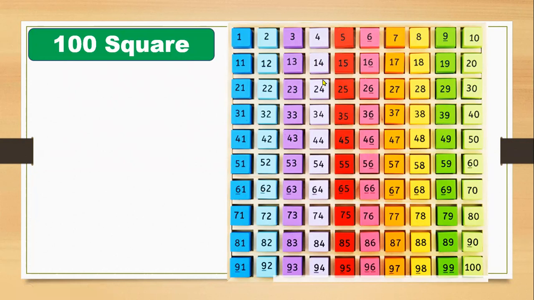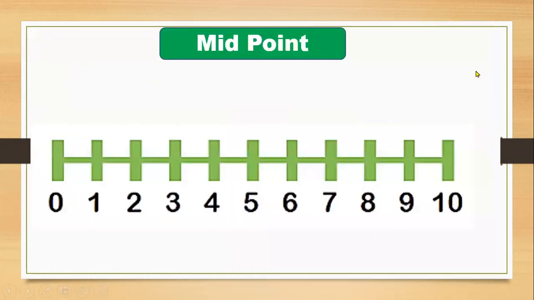When you count from 1 to 10, what is the midpoint? 5. And what is the decade number? 10. And the next line, what is the midpoint? 15. And what is the decade number? 20. Now look at this number line.